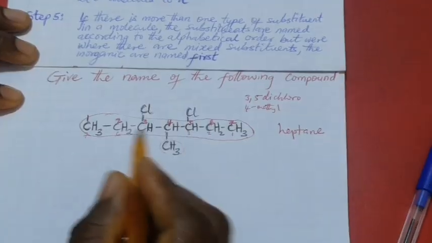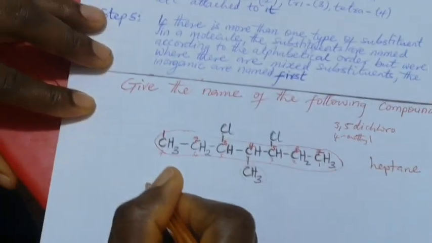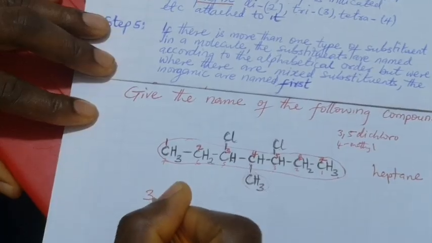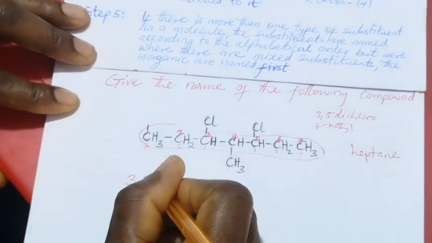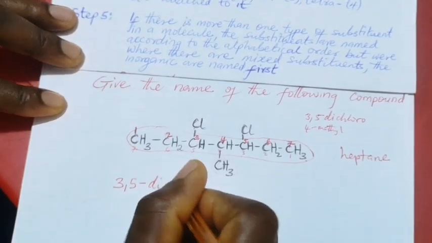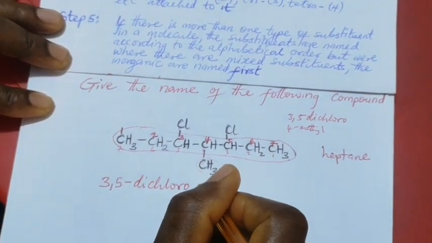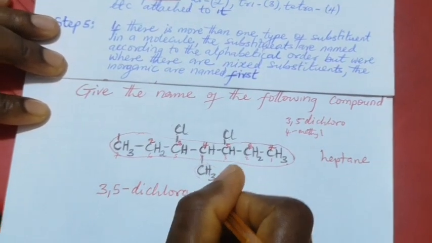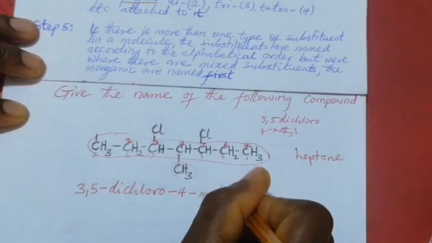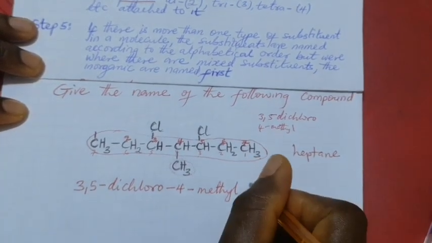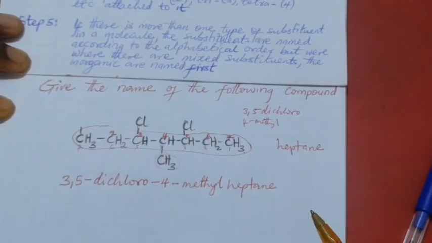So now let's actually name the compound. So the compound will now be 3, 5 dichloro 4 methyl heptane.